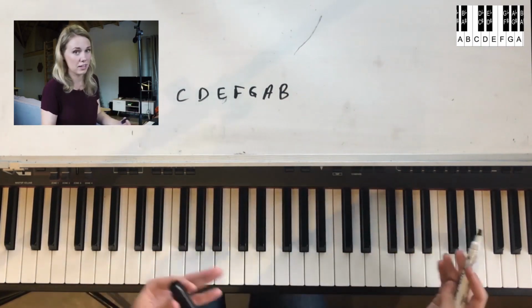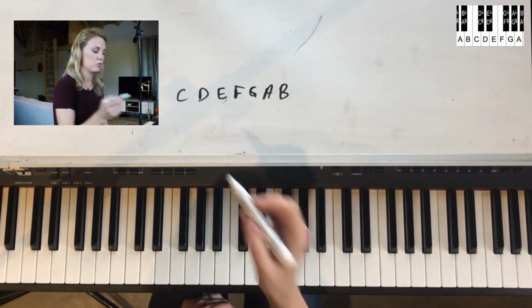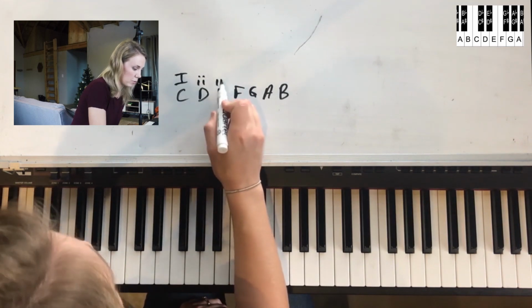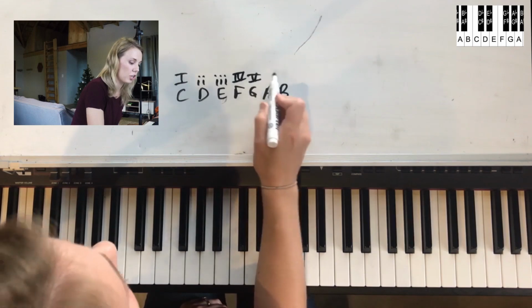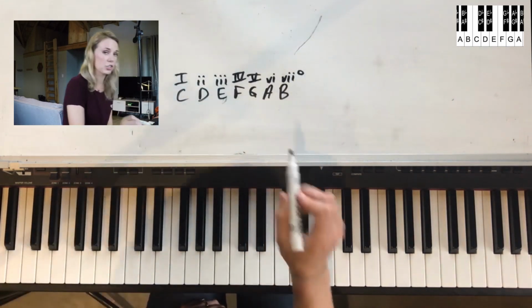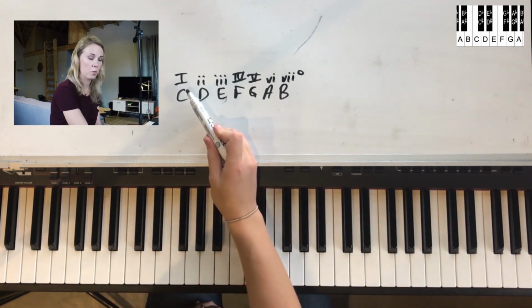F is the fourth scale degree, and so on. But instead of writing the actual number, we use Roman numerals. And the reason isn't because we want to go old school. The reason is because you can do them uppercase and lowercase, which makes us further identify them as major, minor, or diminished chords. So the uppercase ones are major.